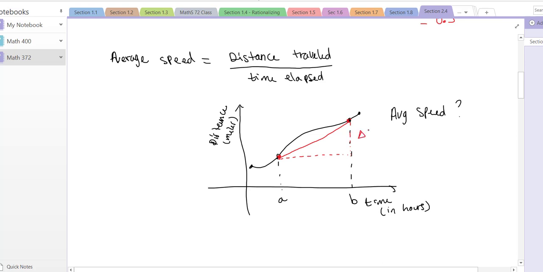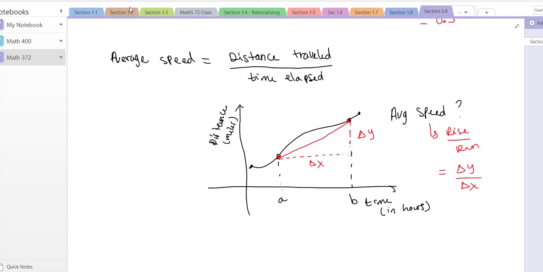This is your delta y over your delta x or delta t. So the average speed is really still rise over run. So average speed is your change in the y values divided by the change in the x values. So it's the same thing as slope. So you're essentially finding the slope of this line.